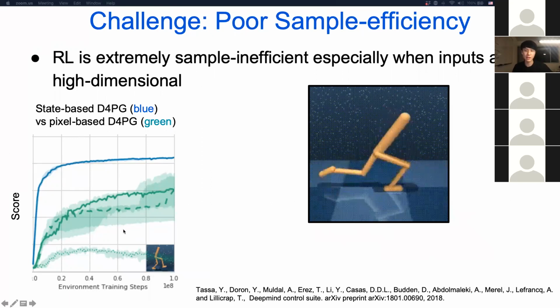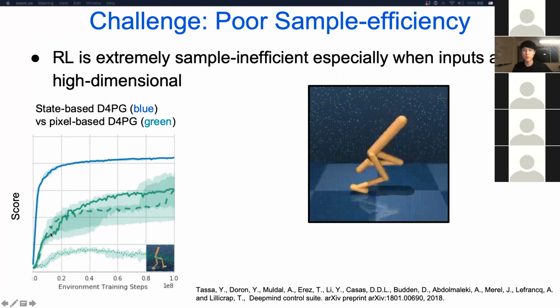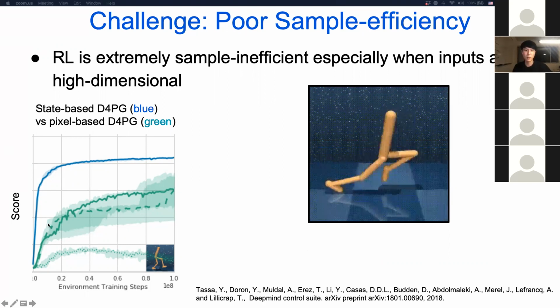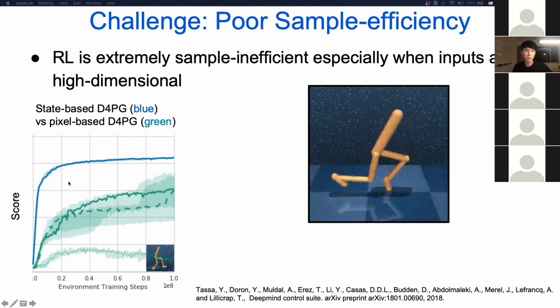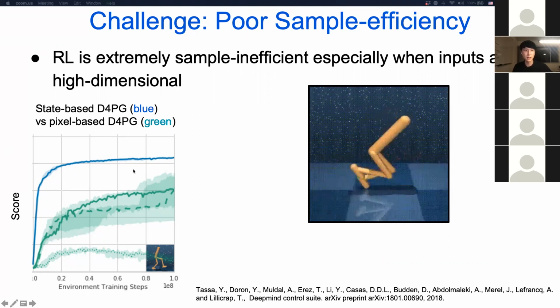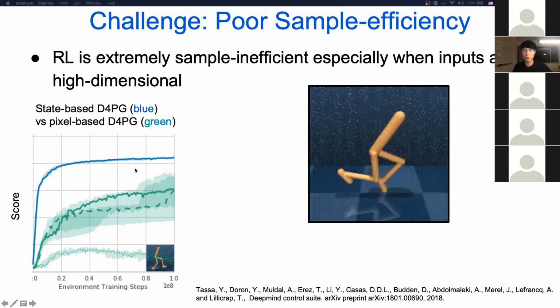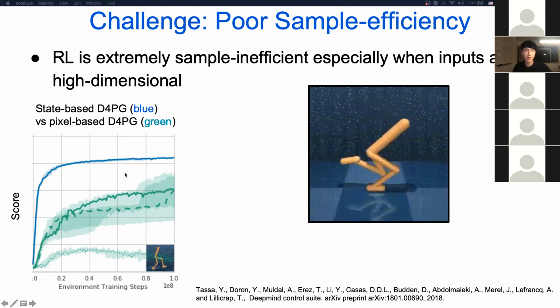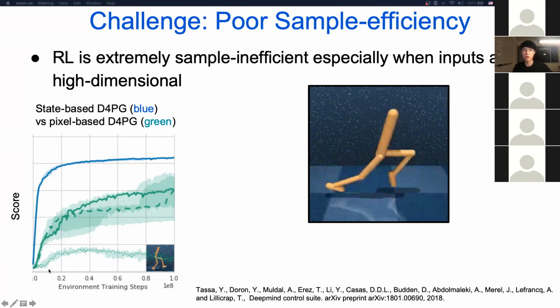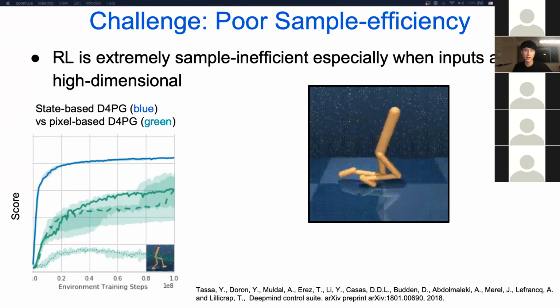So let's look at this example. The plot on the left shows two learning curves of the walker. The blue curve is the learning curve of the state-based DDPG method, which corresponds to one of the state-of-the-art RL methods, and the green curve corresponds to the learning curve of the pixel-based DDPG method.